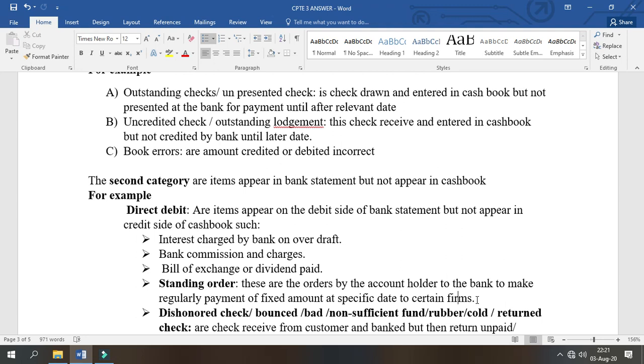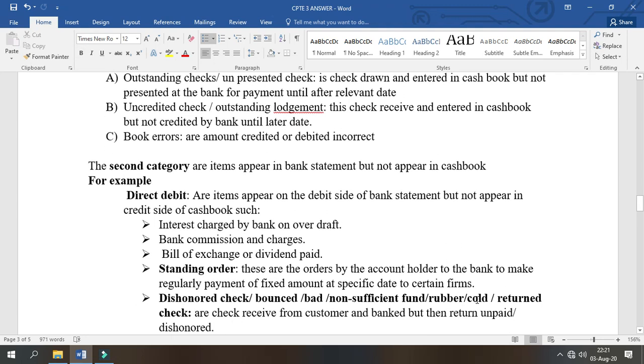A dishonored check is a check received from a customer and banked, but then returned unpaid or dishonored. This customer is the customer of the client of the bank.